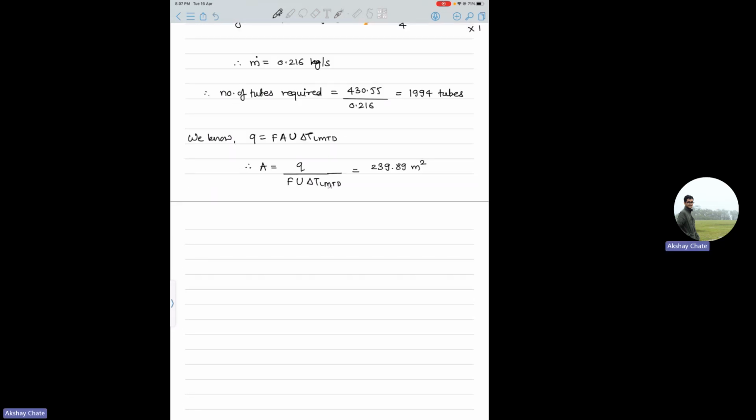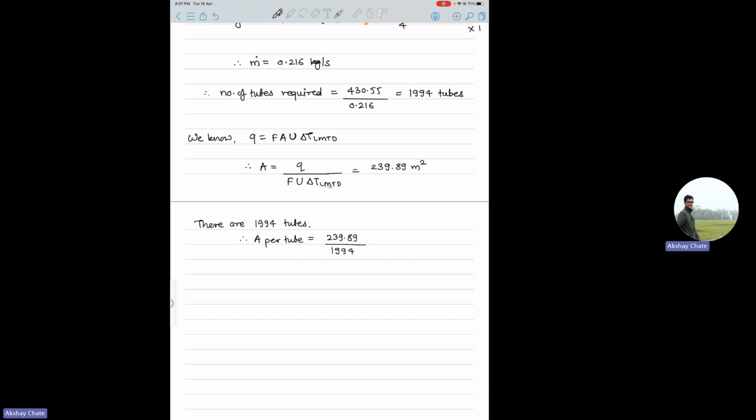And we know there are 1994 tubes, right? Therefore, the required surface area per tube is 239.89 divided by 1994.